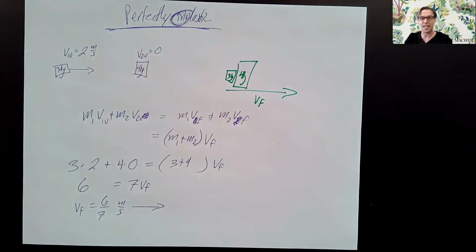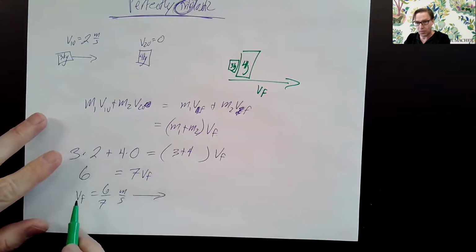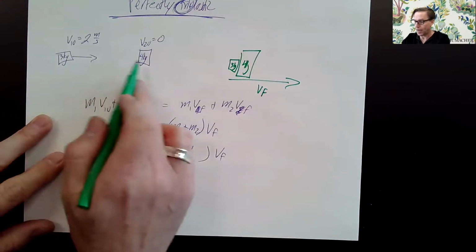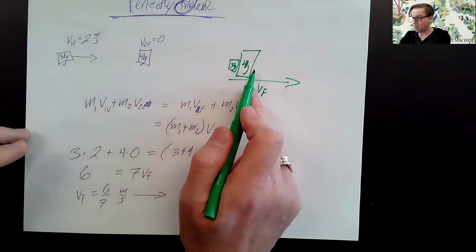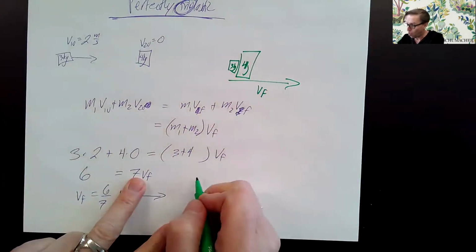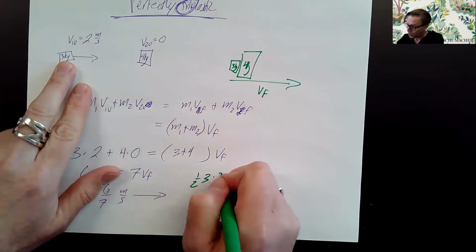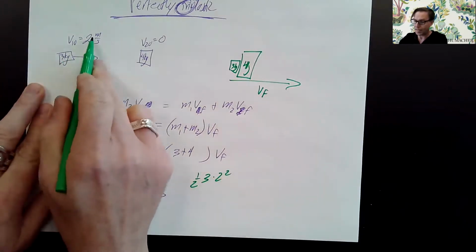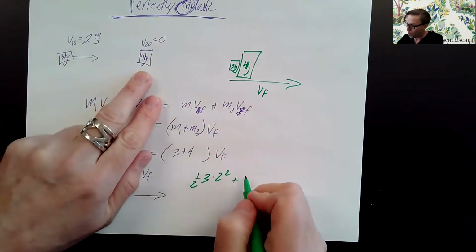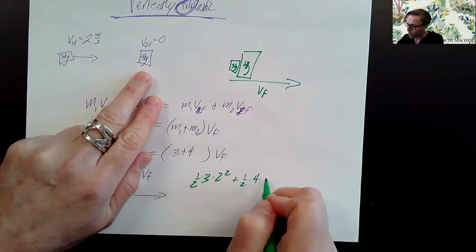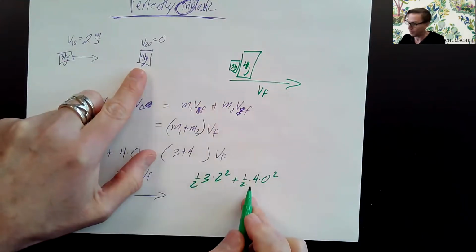Let's see if kinetic energy is conserved. In other words, 1/2 mv squared plus 1/2 mv squared at the beginning equals 1/2 mv squared at the end. Does it? I don't know. Let's see. 1/2 times 3 times 2 squared. That's this guy's kinetic energy at the beginning. Plus 1/2 times 4 times 0 squared. That's this one's kinetic energy at the beginning, 0.